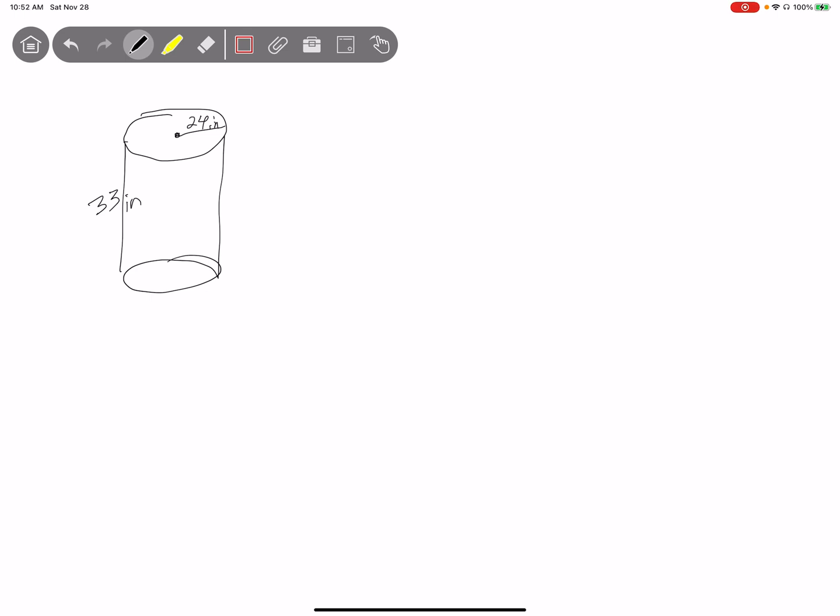Okay, I'm going to multiply by a scale factor of 2/3, which gives me a smaller cylinder. 24 divided by 3 is 8, times 2 is 16, so I get 16 inches. 33 divided by 3 is 11, times 2 is 22 inches.